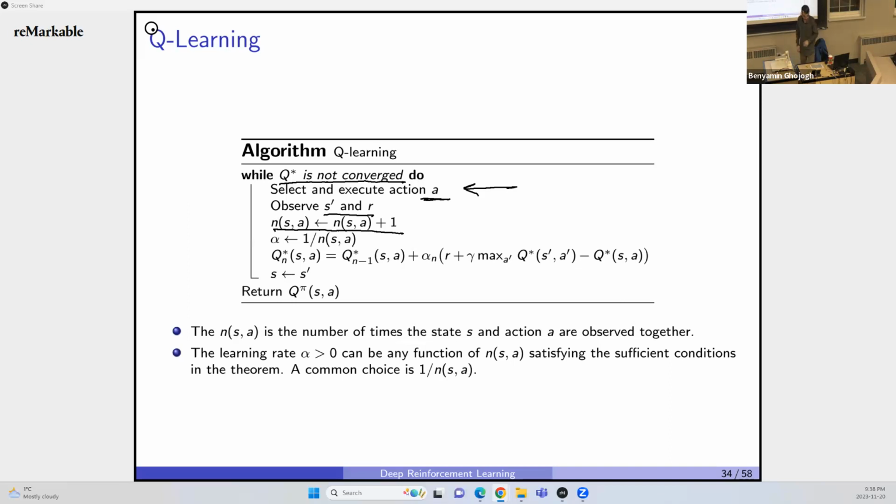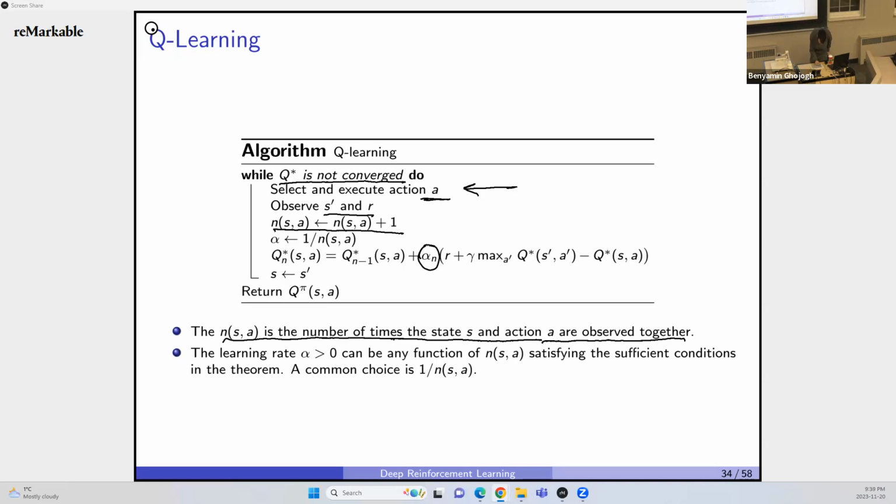Then you increment N_SA. Recall that this time alpha_n for Q function is not 1 over N_S. It's 1 over N_SA. What do I mean? N_SA is the number of times that the state S and action A are observed together because we are using the Q function. But for value, it was only the number of times that the state S is observed.